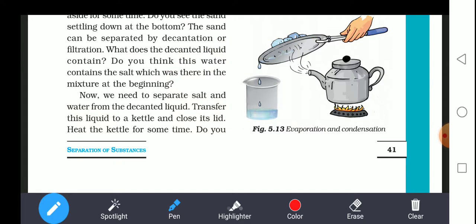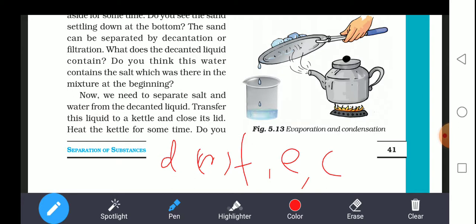How many methods have you used here? First one is decantation or filtration. Next is evaporation. Then next is condensation.